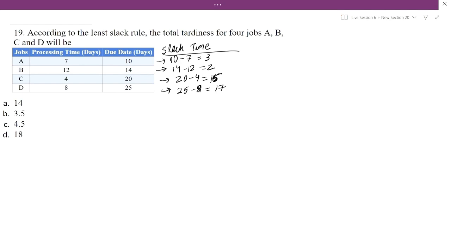Now we will arrange according to the least slack rule.